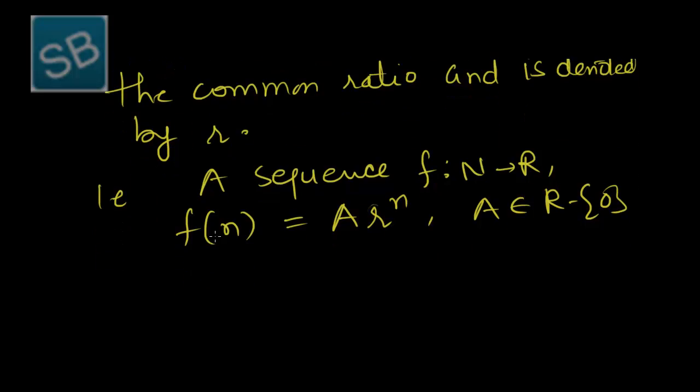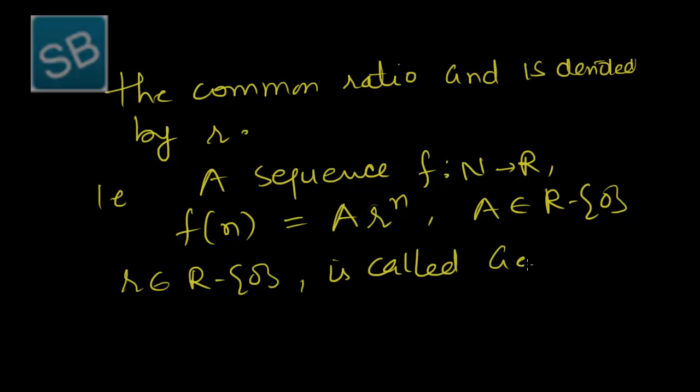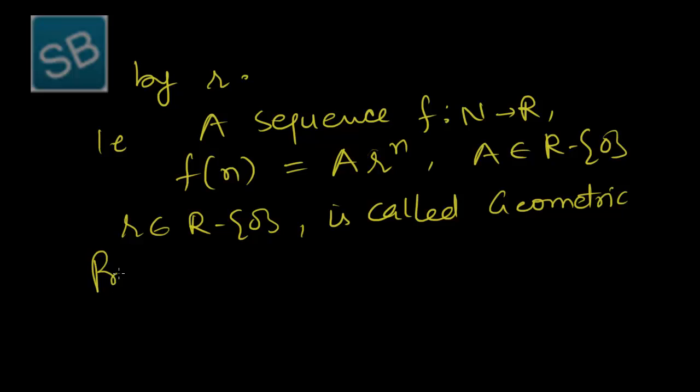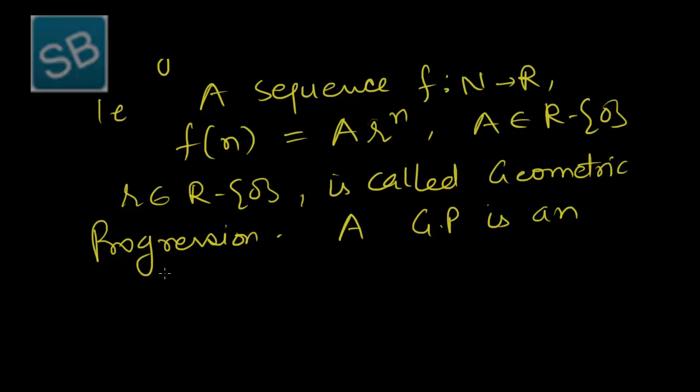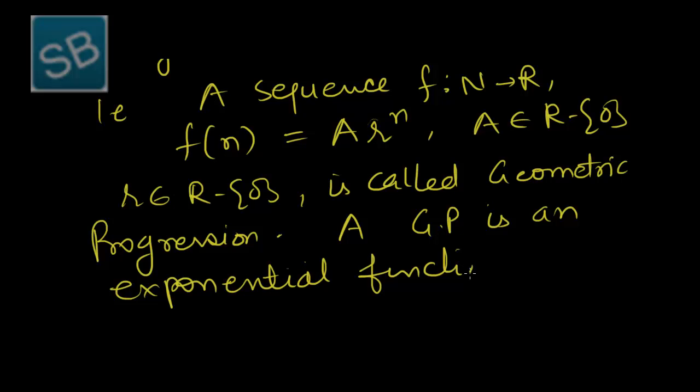Then r belongs to R minus singleton 0, that is r is not equal to 0, is called geometric progression. That is, a GP is always an exponential function and an AP is a linear function.